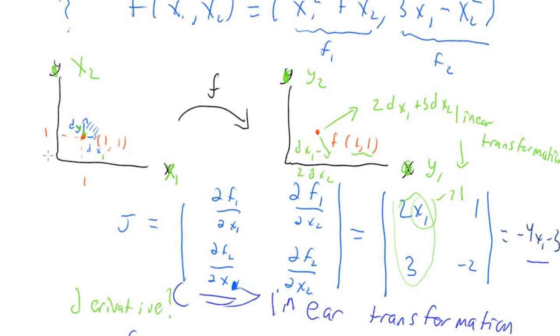It's acting on the plane, or on three-dimensional space, and the derivative is the Jacobian, which is just a fancy word for the linear transformation that best approximates the function at that point. And we get that just by looking at where the basis vectors go.